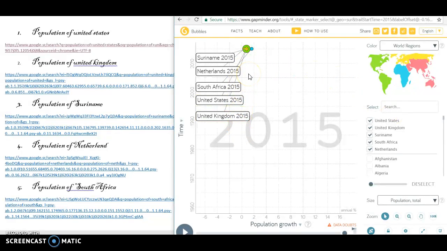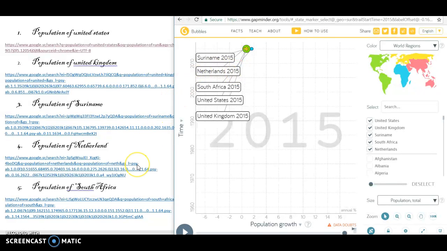As you know, in some countries the population growth is high, in some it is low, and in some it is steady. It doesn't increase, and it stays the same.